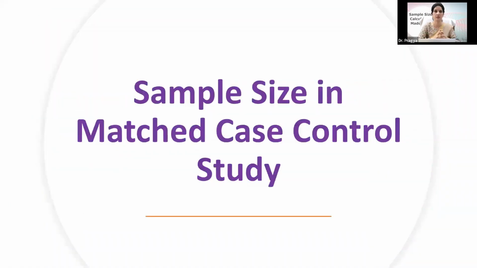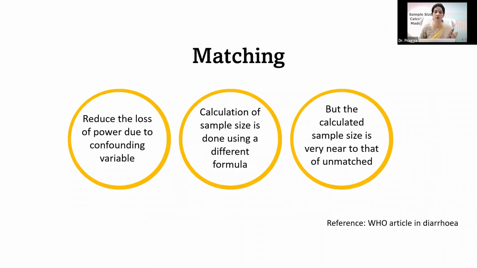So that was the major concepts which are involved in the calculation of sample size of a case control study. The case control study which we have discussed, largely we have not talked of a matched case control study. In a matched case control study, the calculation of sample size is done a little bit differently, where we take this R, the correlation, which is the phi and Cramer's V correlation.